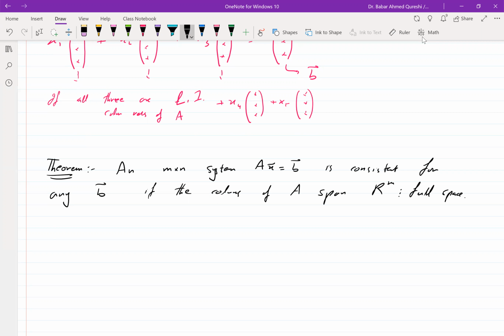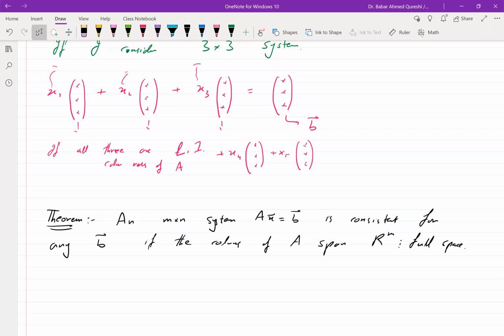So b's live in Rm, and if the columns span, you do not need them to be linearly independent. If they span the full space, like if I have these 5, then I know that the basis of R3 only has 3. So if I put in extra, I can still span. It's just that they're not linearly independent. I'm doing more than required.